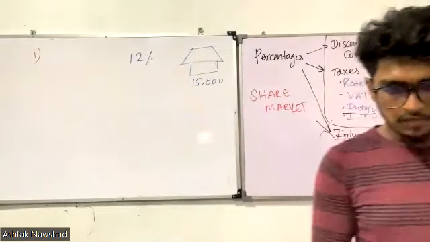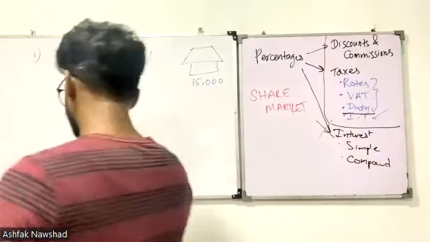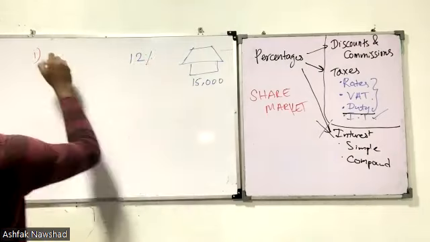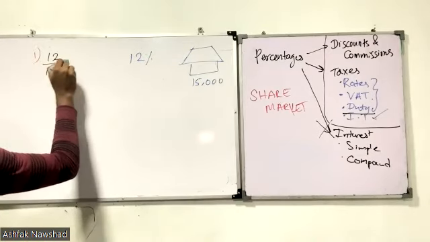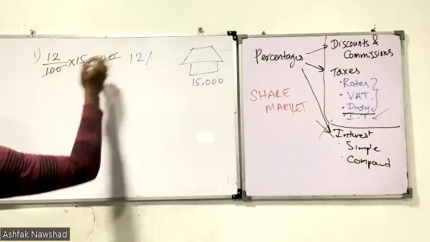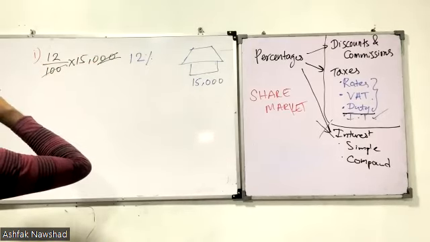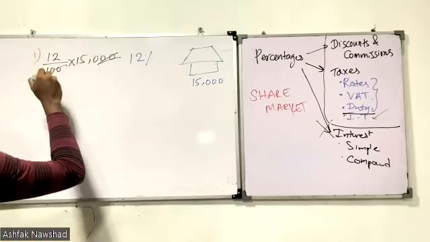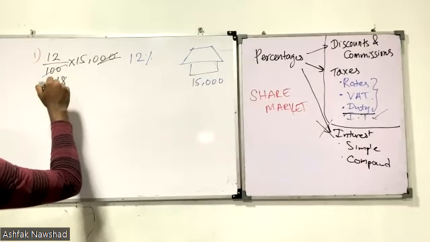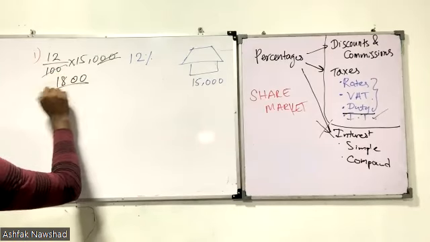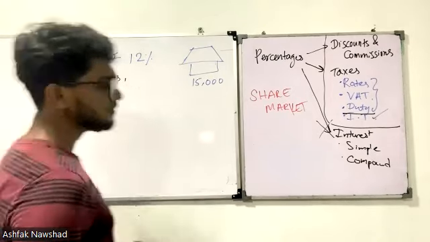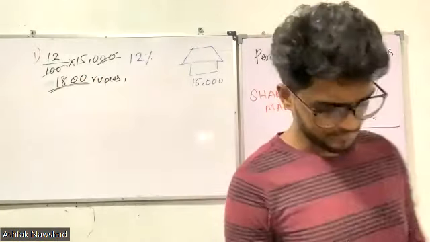They ask, what's the annual rate? What's the tax? Simply 12% of 15,000. The zeros get cancelled. 12 times 15 is 180. So this is the answer for the first one.